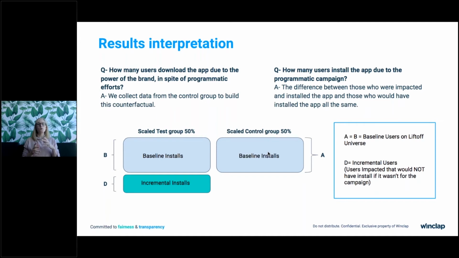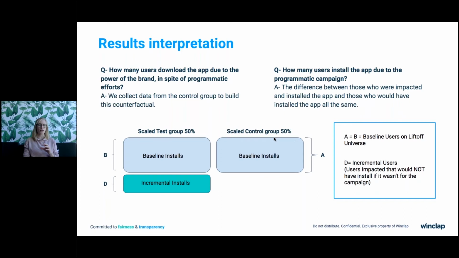So now, when it comes to the interpretation of the results, a question you may be asking is, how many users downloaded the app due to the power of the brand in spite of the programmatic efforts, okay? We know that here we collect the data from the control group to build this counterfactual, okay? So here is the baseline installs you got on your control group.